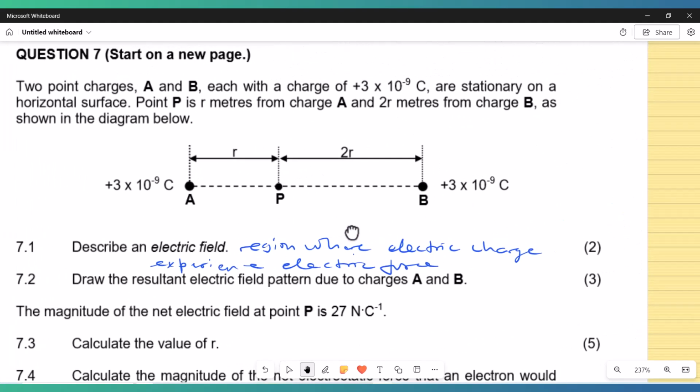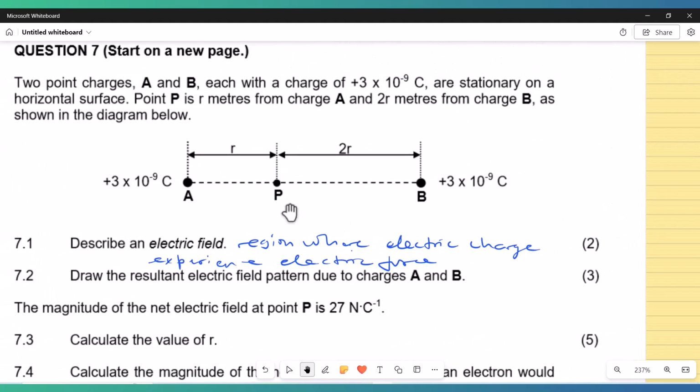Now this point P here, if you can see it, guys, is where we are looking. They gave us the E net at point P, which is 27 newtons per coulomb. Now, if we put a positive test charge here, we are going to experience the E net at point P because of charge A and because of charge B. So the formula is going to be like this.